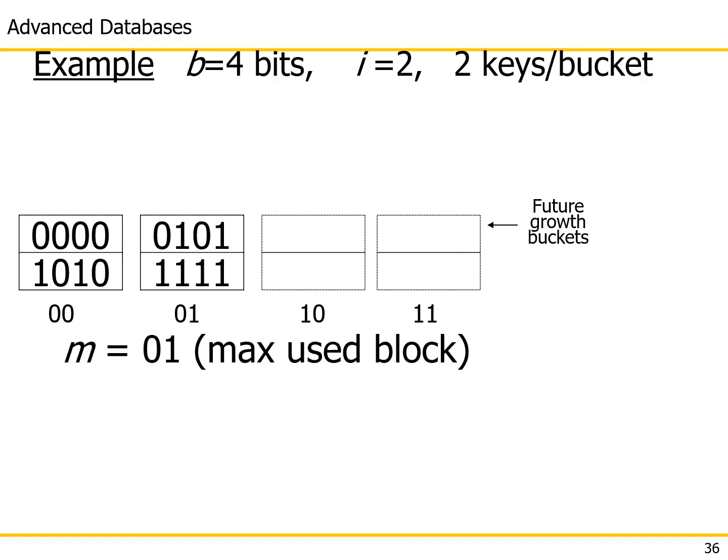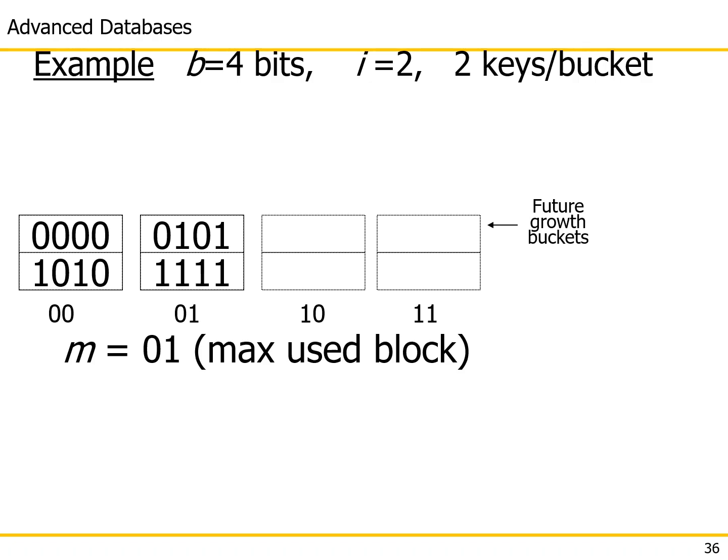I'm repeating this: it's not the case that when I gets incremented from 1 to 2, or from 2 to 3, or from 3 to 4, that I will get all the pages up to 2 to the I. So when I is equal to 2, 2 to the I is 4. So now I've got 4 combinations, or 4 pages possibly, from page 00 all the way to page 3.